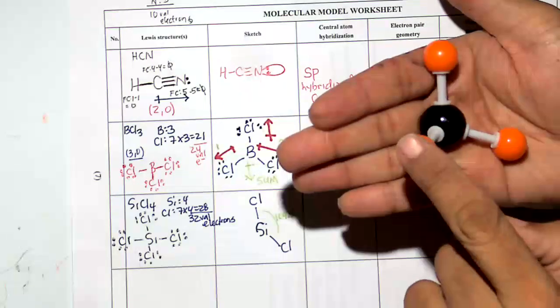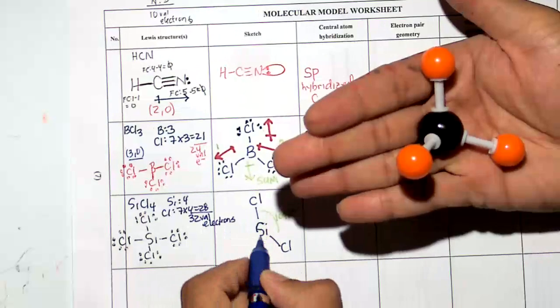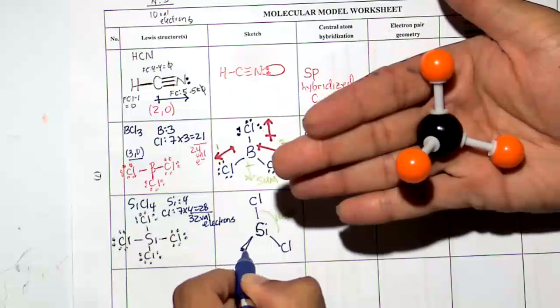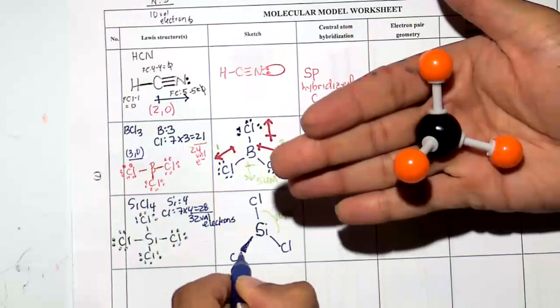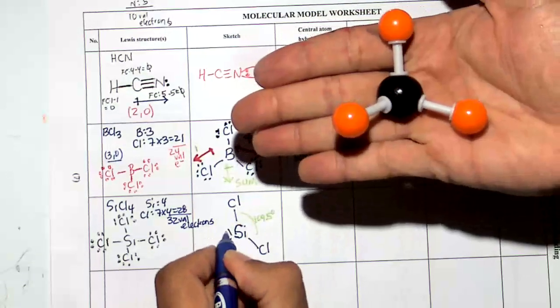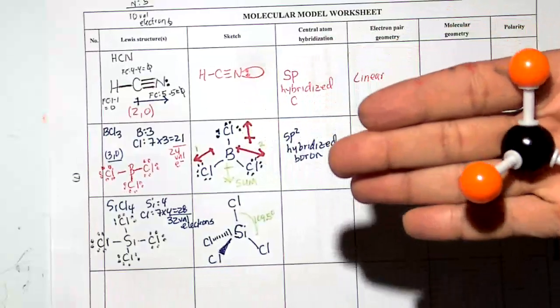What type of bond? Wedge. Very good. What about the fourth one? Just a little dash.